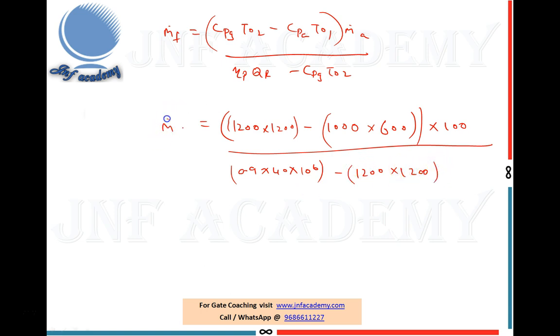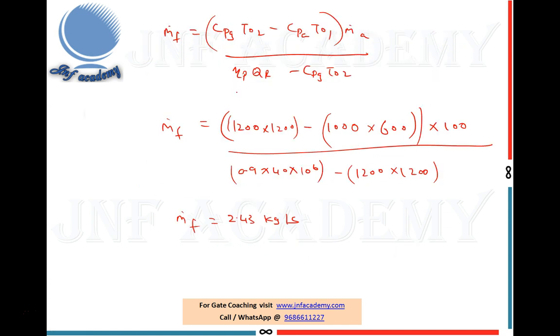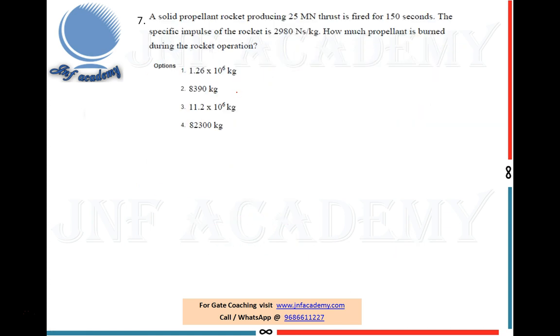This is your m dot F, and if you calculate the value, it will come out to be 2.43 kilogram per second. So this is the amount of fuel that is being burnt per second. So the answer is 2.43. Okay. With this, let's move on to the next question.